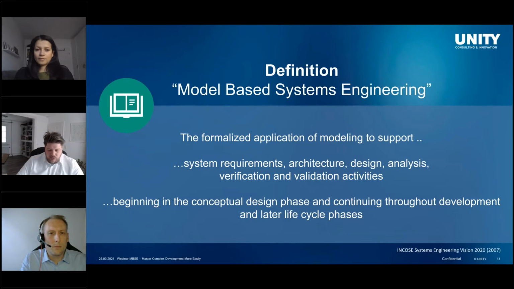So it's a fairly old definition, but again, it's very important to contextualize MBSE in systems engineering, because MBSE is something that's not possible, or it's not really as effective as it is within systems engineering.